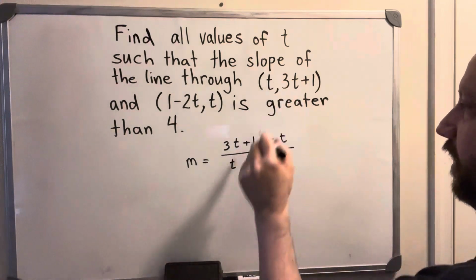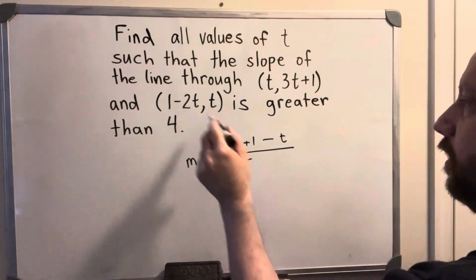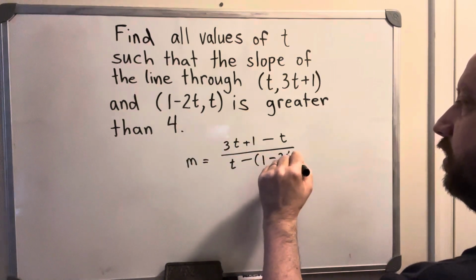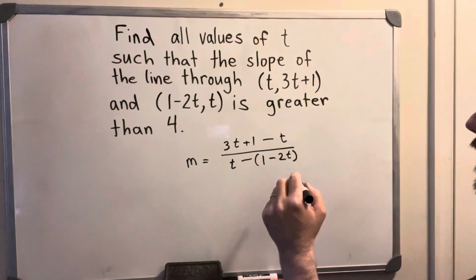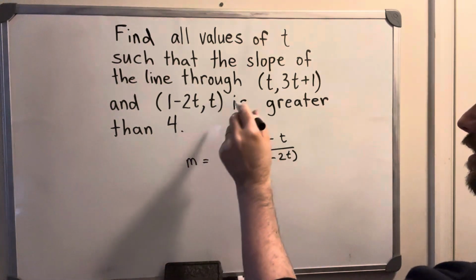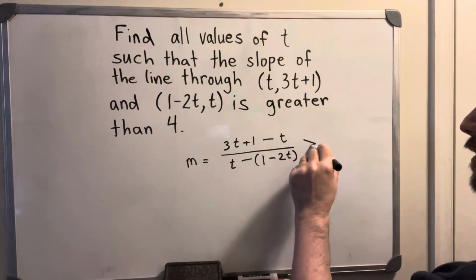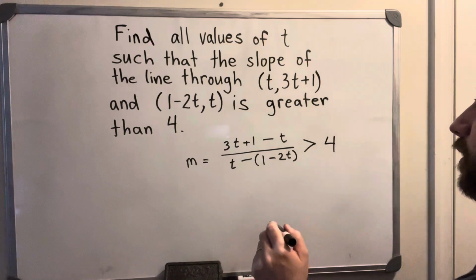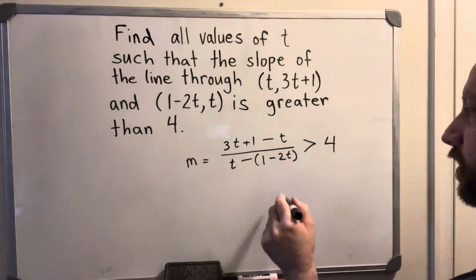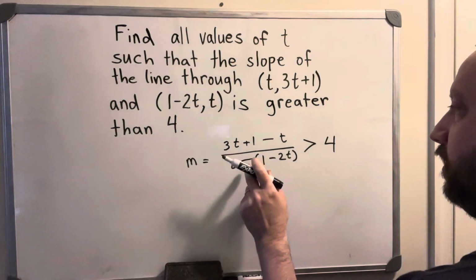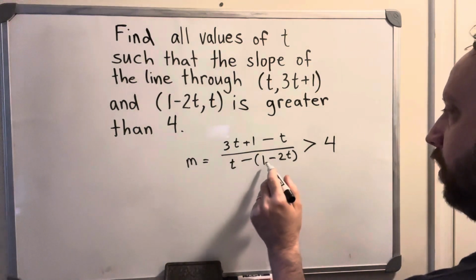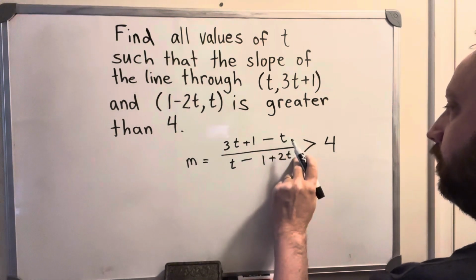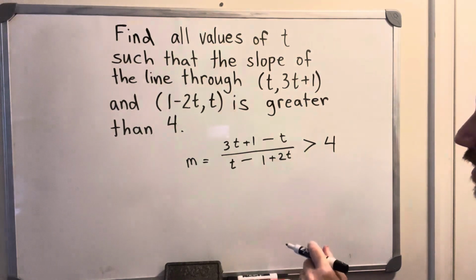So we got t minus 1 minus 2t, and we're saying that we want the slope to always be greater than 4. We can simplify this. Instead of saying t minus 1 minus 2t, we can do t minus 1 plus 2t.